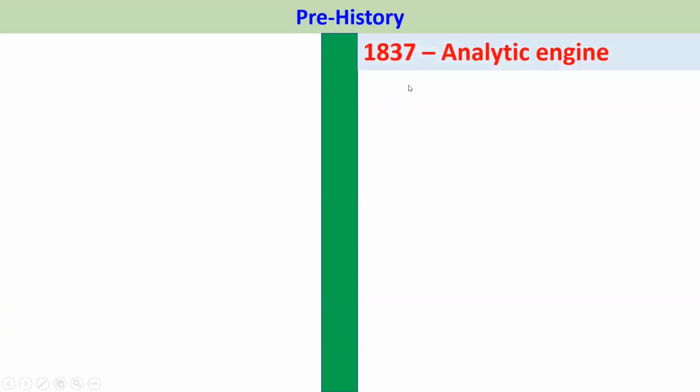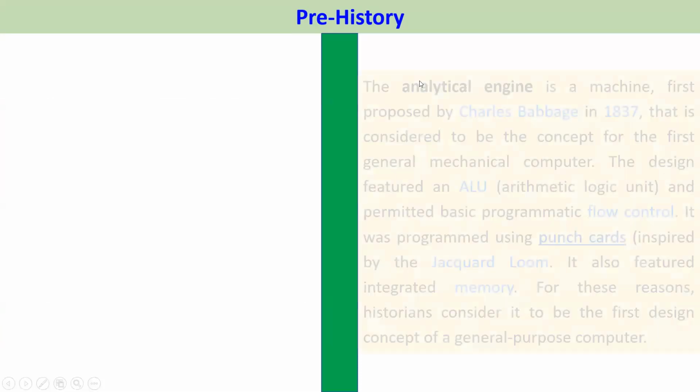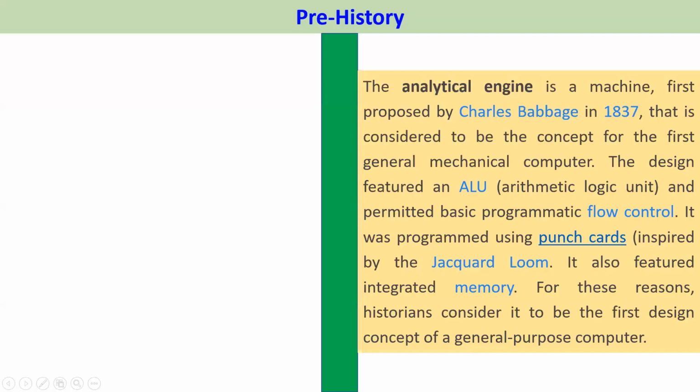Then 1837, the analytical engine. This is the first machine giving most of the computer concepts that we use today. In this machine, Charles Babbage did not complete it; he only did the planning. Later, the people involved completed it, but Charles Babbage gave the plan.